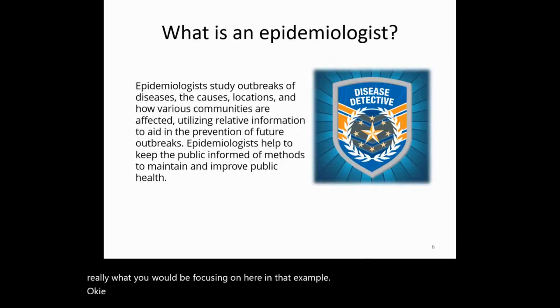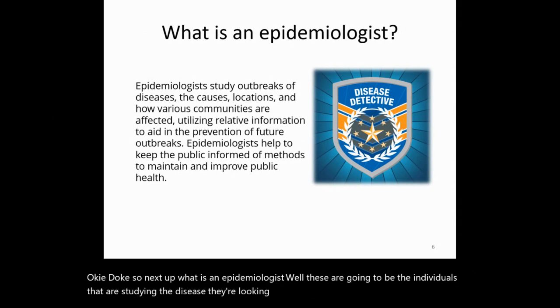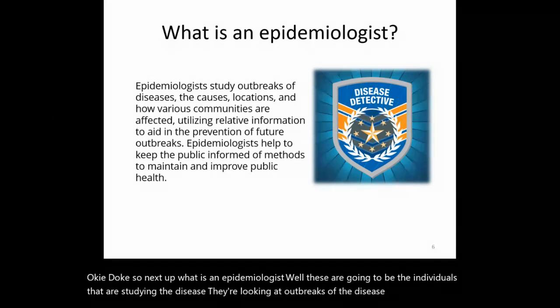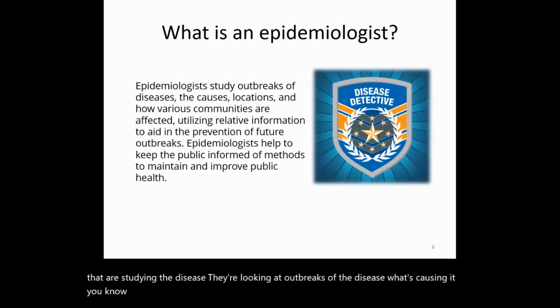Okie doke. So next up, what is an epidemiologist? Well, these are going to be the individuals that are studying the disease. They're looking at outbreaks of the disease, what's causing it, you know, where is this happening, and how are different communities of people being affected.